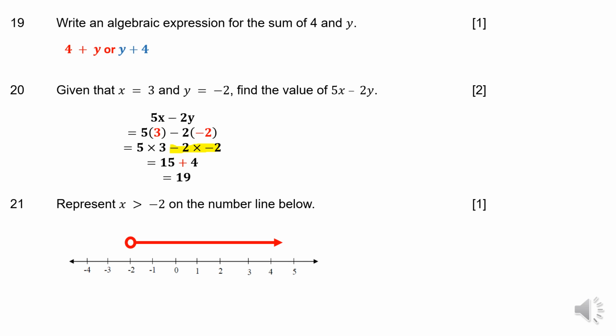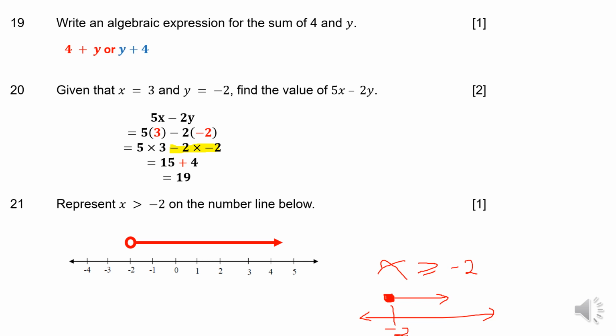Suppose it was x is greater than or equal to, let's say, negative 2, with negative 2 here, for example. Then you would have shaded the tail end of the arrow, meaning our solution negative 2 would be included. That is what we would have done because of the "or equal to".